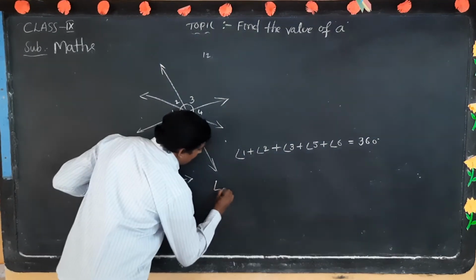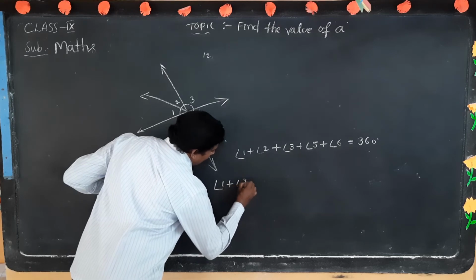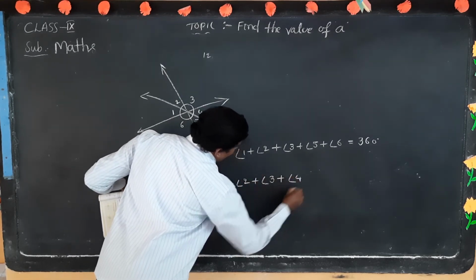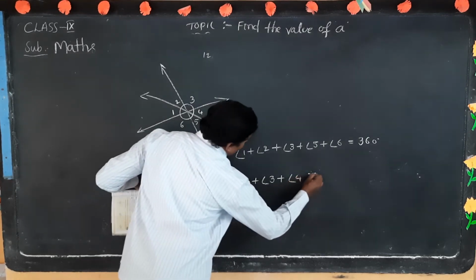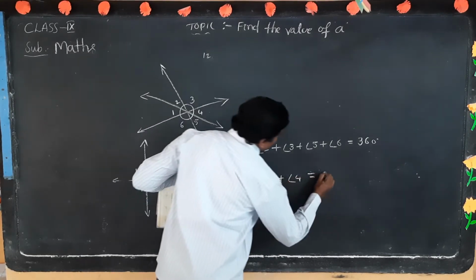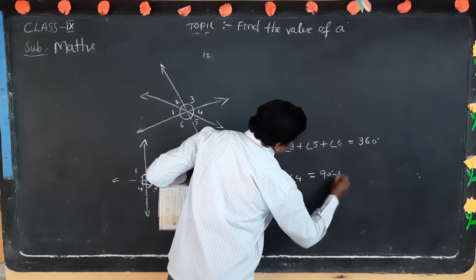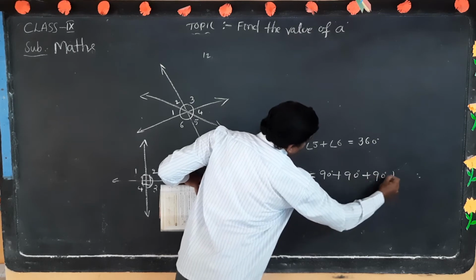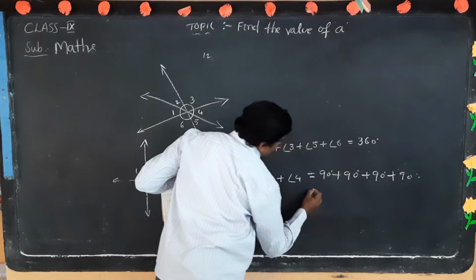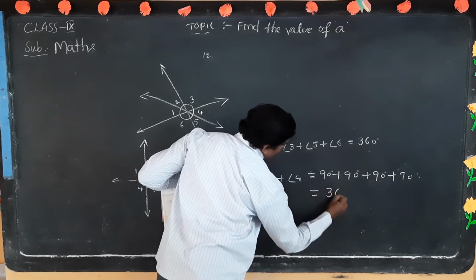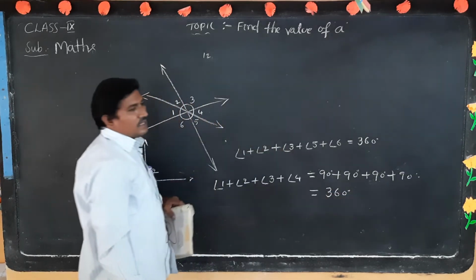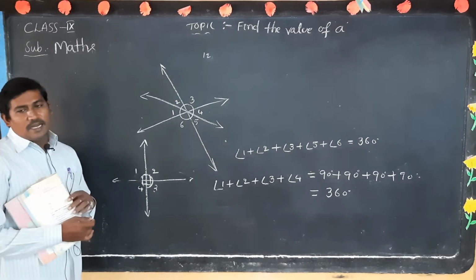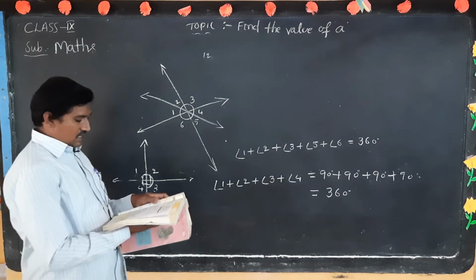So angle 1 plus angle 2 plus angle 3 plus angle 4 is 90 plus 90 plus 90 plus 90, which is equal to 360 degrees. Otherwise 180 plus 180 is 360 degrees.